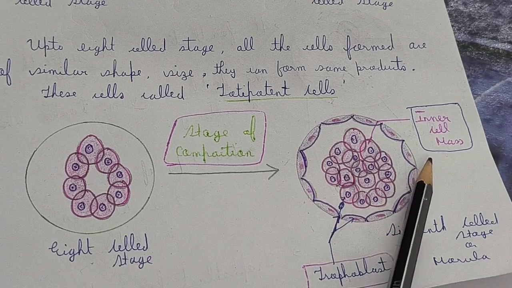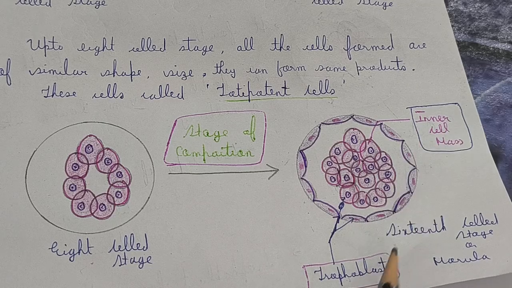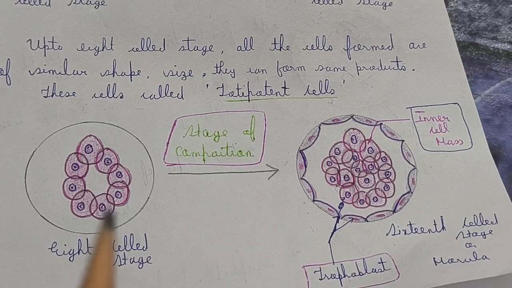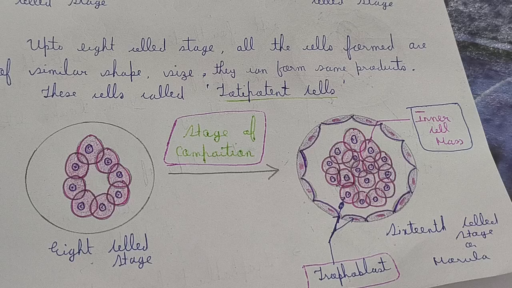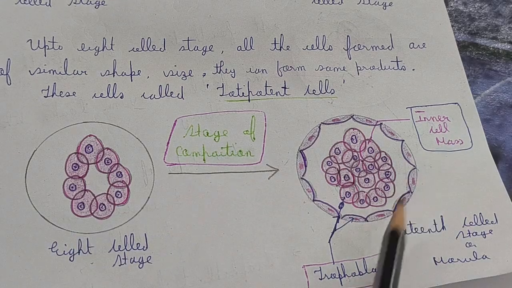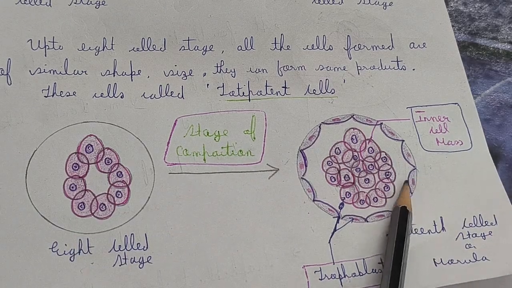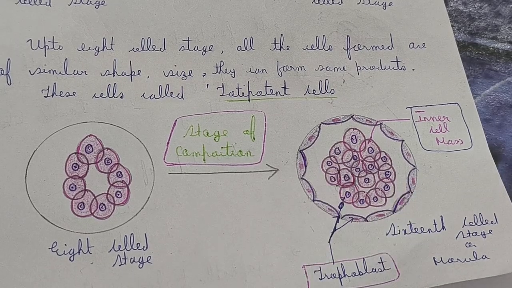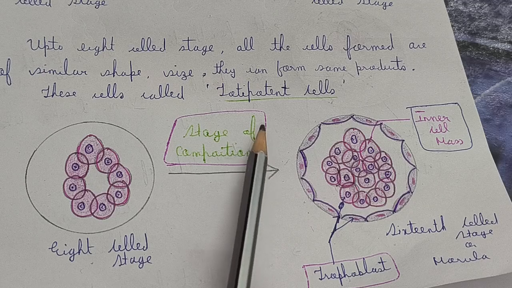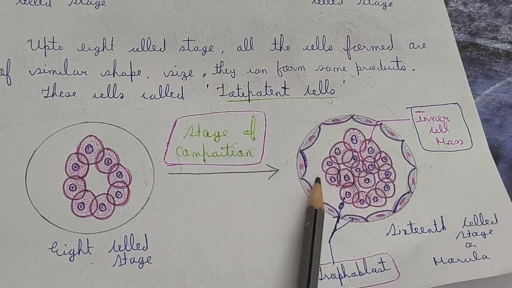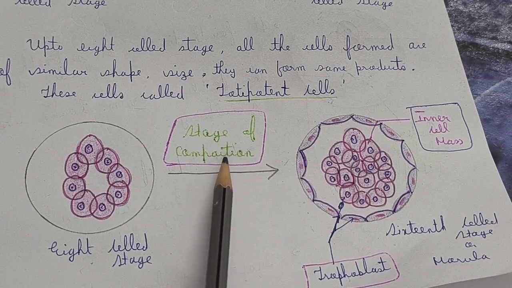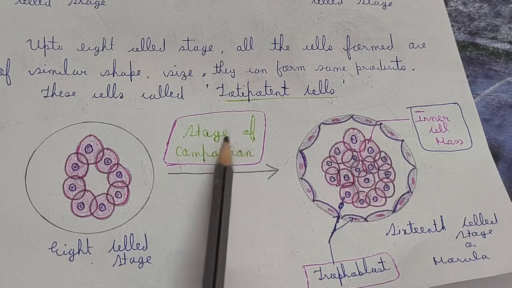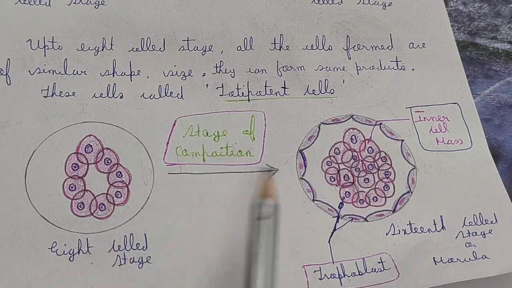The most important thing is that the inner cell mass and trophoblast will not form the same derivatives; they will give different derivatives, and they have different shape and size also. Therefore they are non-totipotent cells. And the process at which this occurs is known as the stage of compaction.